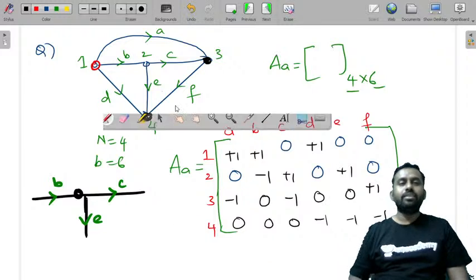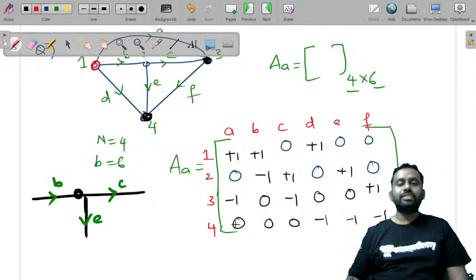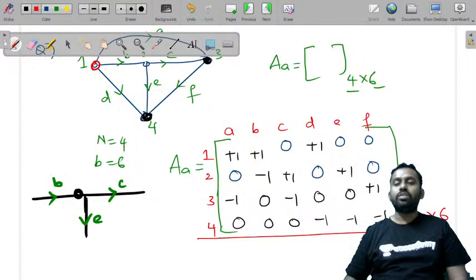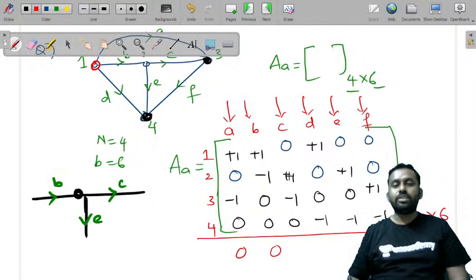The very good thing about this complete incidence matrix is that you can easily identify whether you have got the correct answer or not. If you add all the column elements, you must get 0: +1 -1 0 for each column.